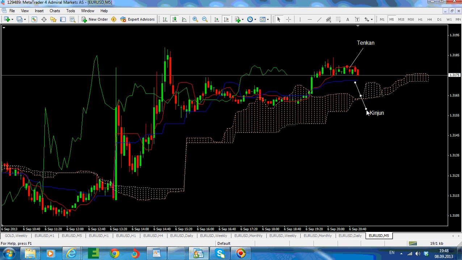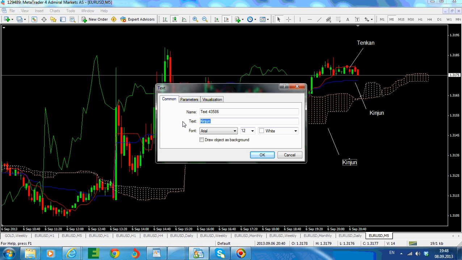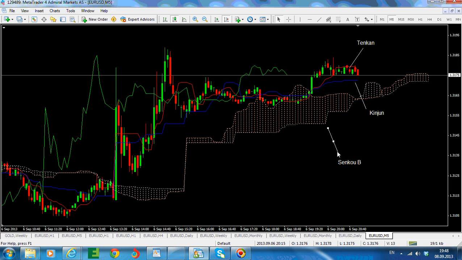Then we've looked at the base of the cloud, which is Senkou B. Then of course we've looked at the top of the cloud, and this is Senkou A in this case.